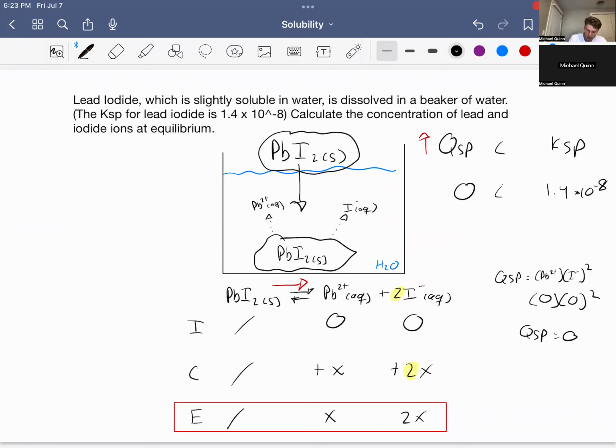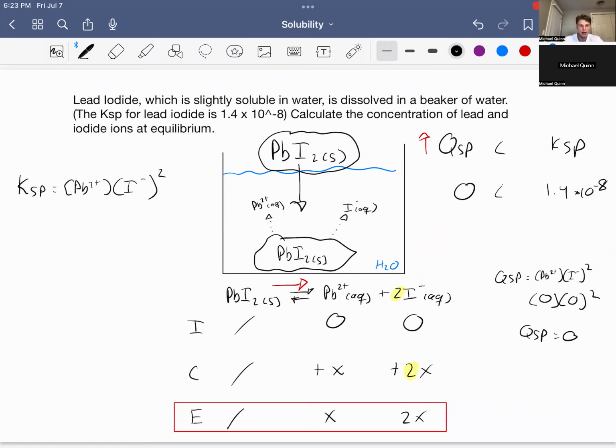So what we can do is write Ksp, which is equal to products over reactants, which will be equal, in this case, to lead and iodide squared.